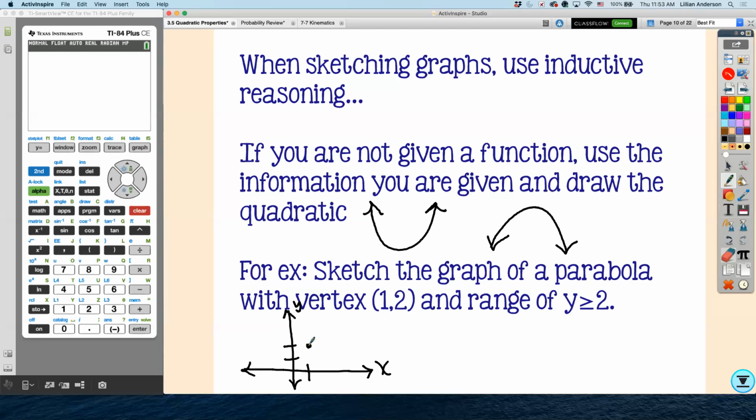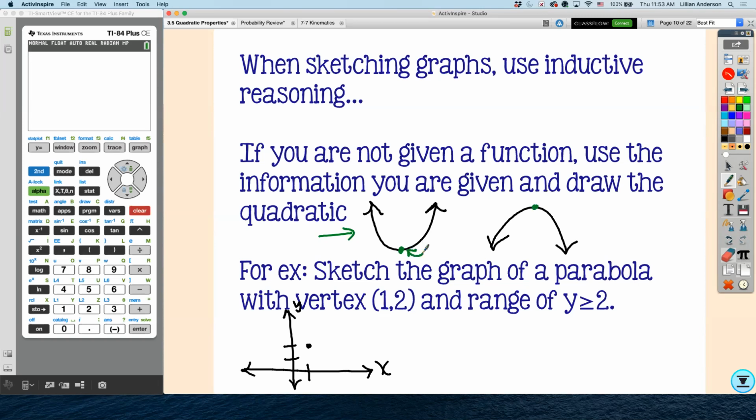Now, knowing what I know about the vertex of a parabola, let's take these two general ones I drew up here. Where is the vertex located on either of these parabolas? At that symmetry point here, as well as here.